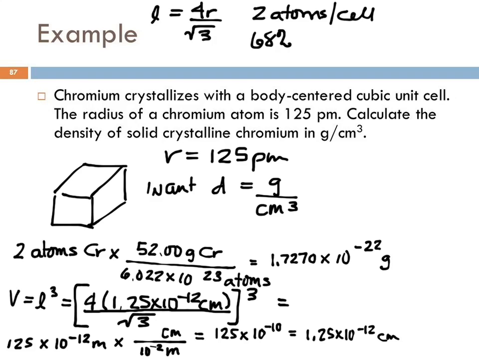So 4 times 1.25 EE 12 minus equals, divided by the square root of 3, equals, and then I'm going to cube that. And I'm coming up with 2.4056 times 10 to the minus 35 cubic centimeters.